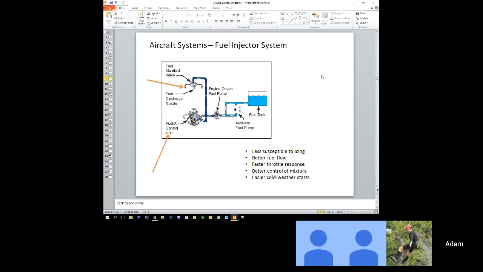So consequently, fuel injected systems are really not susceptible to icing at all. You won't have rough engines, or your engine won't stop due to a fuel system icing condition past the fuel air control unit, because there's no venturi, there's no pressure drop, there's no temperature drop.